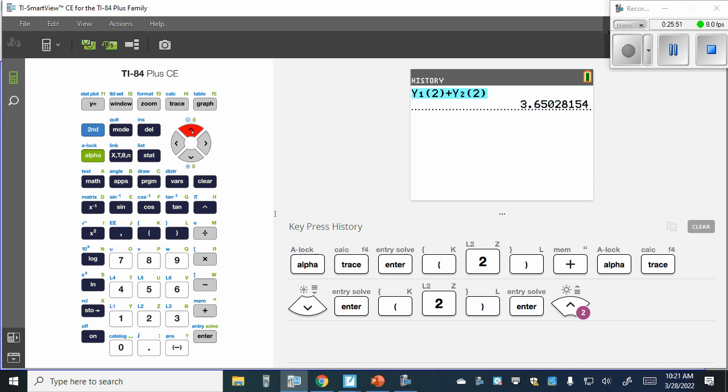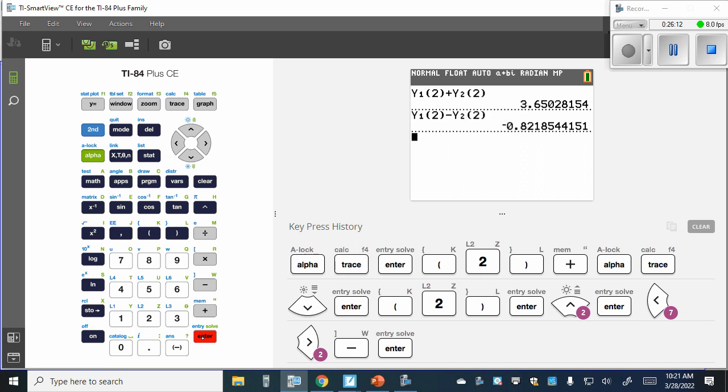Or we can go up and highlight the first equation and hit enter. And it'll copy it back down. Any of the calculators will do this. And what we can do is go where it says plus and change it to minus and hit enter.